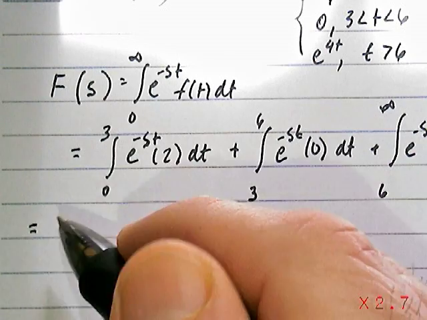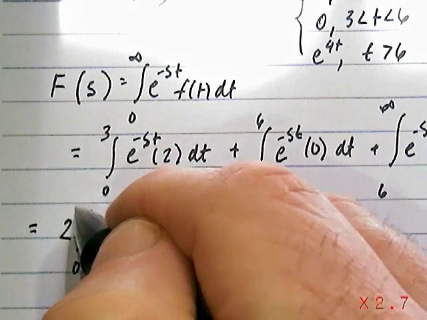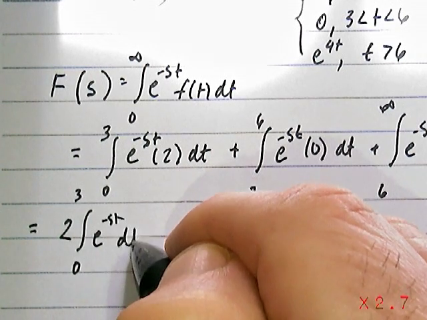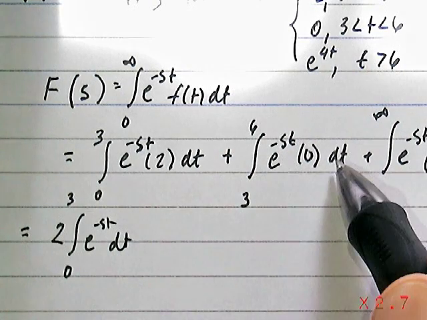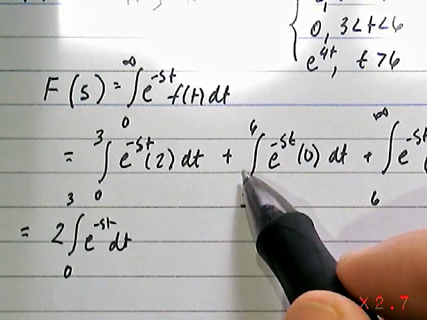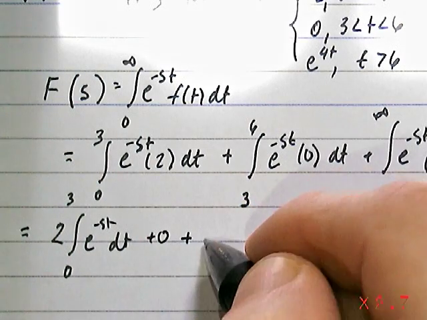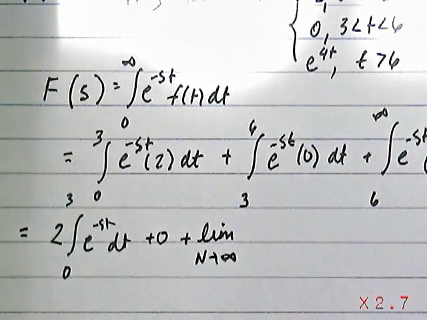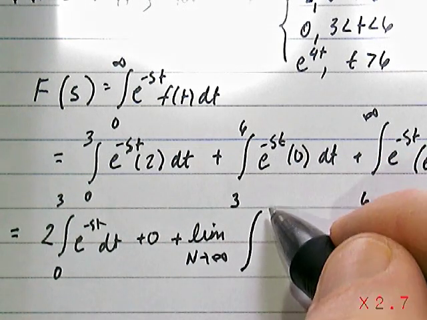The first integral will just be, we'll pull the 2 out and integrate from 0 to 3 of e to the minus st dt. The second integral is very simple because the function is 0, the integral will be 0, so this will be just plus 0. And then finally, we'll write the other part as a limit as n goes to infinity, because we're not going to integrate with the infinity sign at the top.